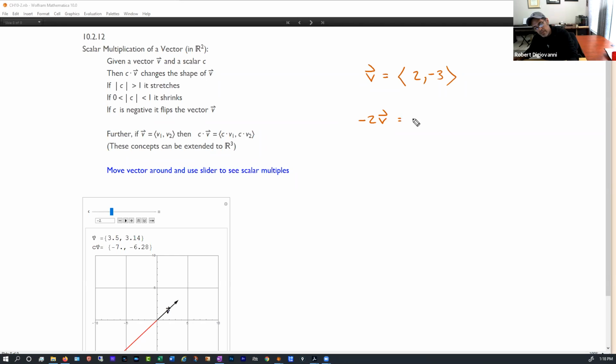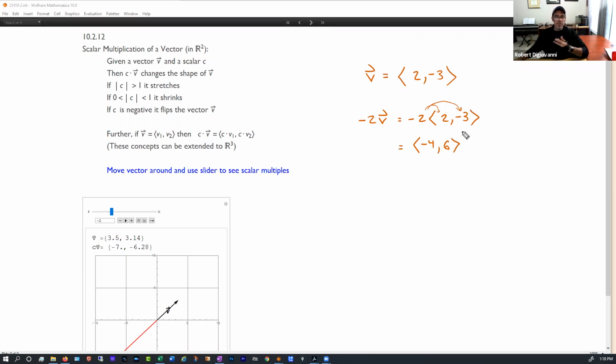All that means is I'm taking -2 and multiplying it times this vector. It behaves just the way you would hope, and this is what this little property is saying here. All you're doing is passing the -2 into each of the components, multiplying each component by -2. So you're going to get a new vector, <-4, 6>.